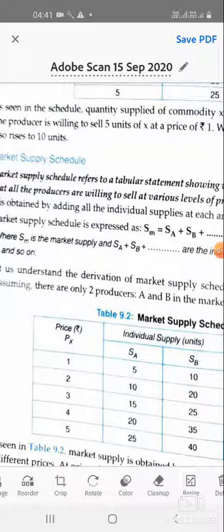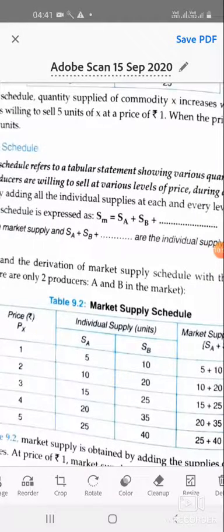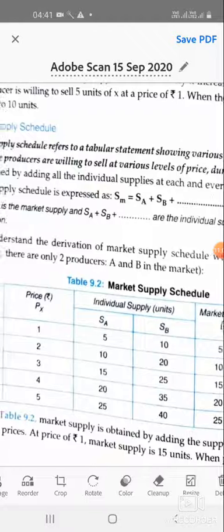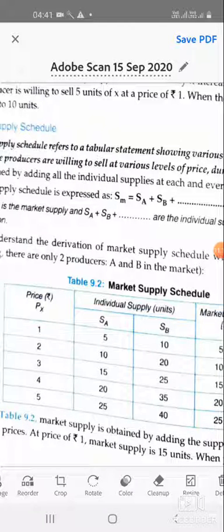The market supply curve, as you know, is upward sloping. Suppose there are two firms, supply A and supply B. If we plot these two together, 15, 30, 40, 55 and 65, then it forms a market supply curve.